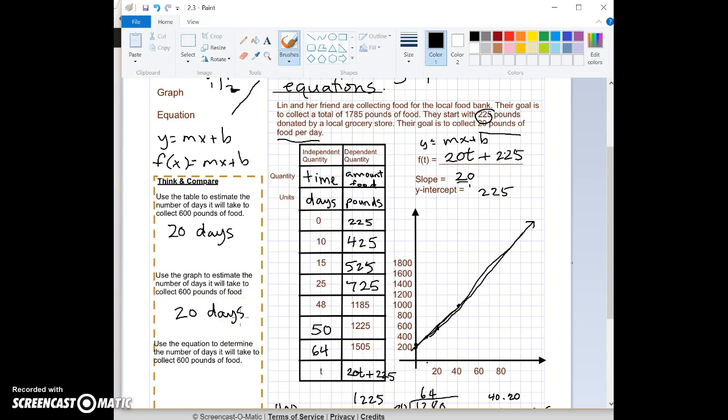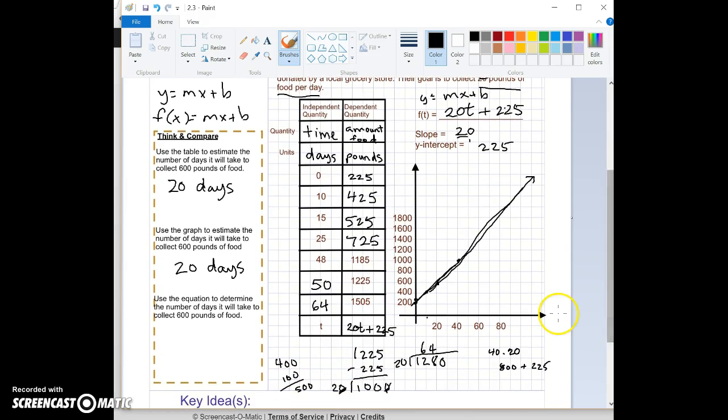Excellent. And then it says use the equation to determine the number of days it will take to collect 600 pounds of food. Well, now we don't have to estimate. We can know exactly. Remember, our equation says 20t plus 225. So if we want 20t plus 225 to equal 600, then all I have to do is write 600 equals 20t plus 225.